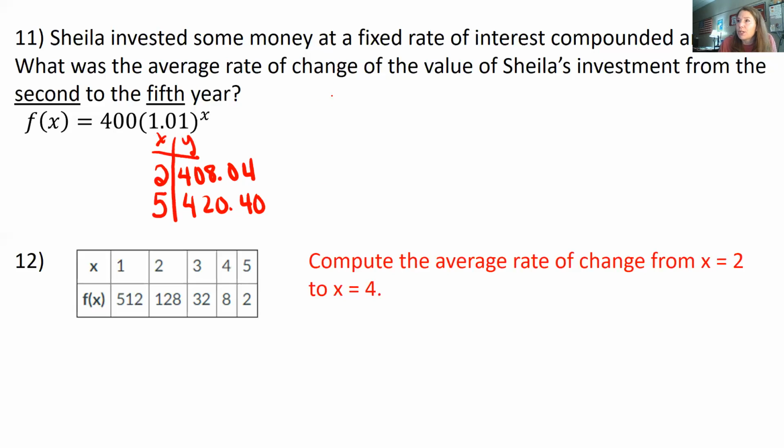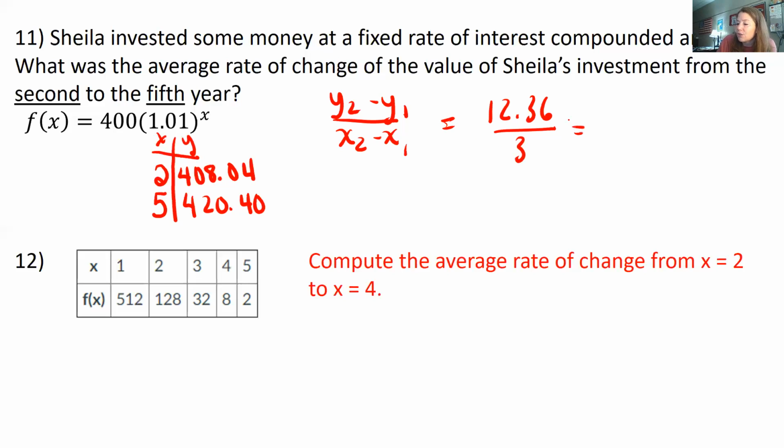So remember, we're going to do the change in y over the change in x. So 420.40 minus 408.04 is 12.36, over, what's 5 minus 2? 5 minus 2 is 3.